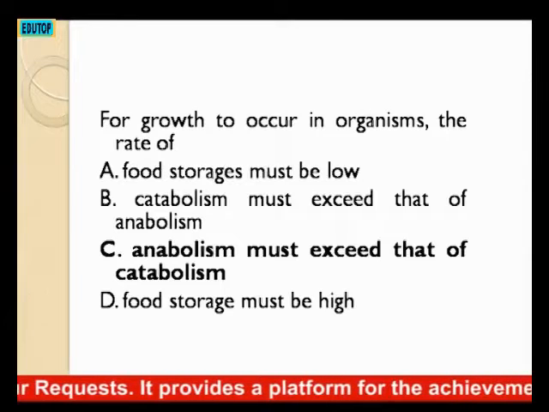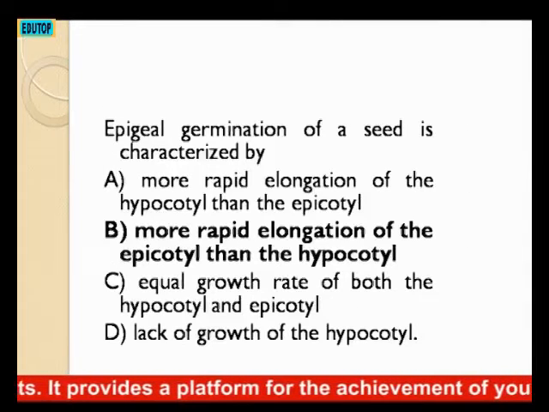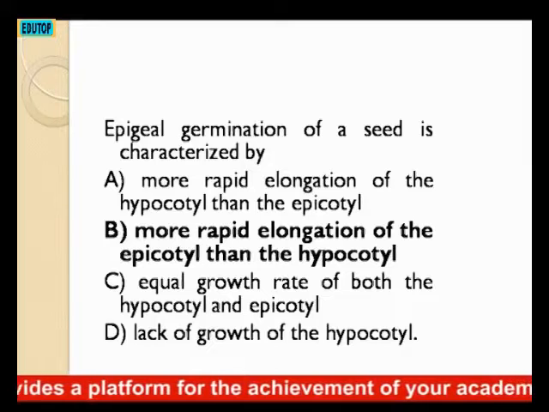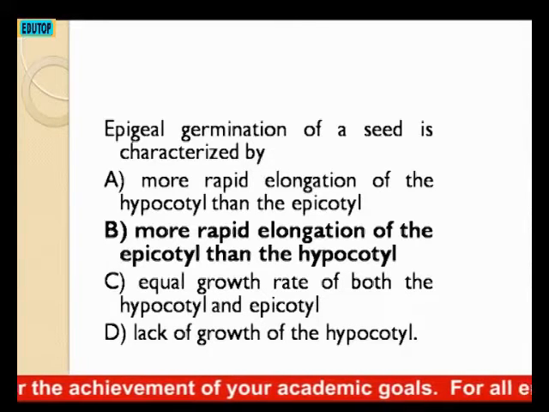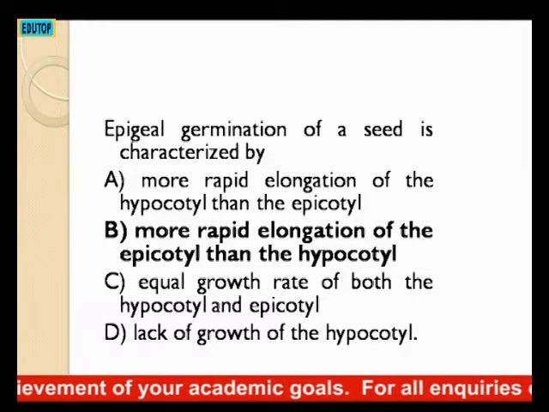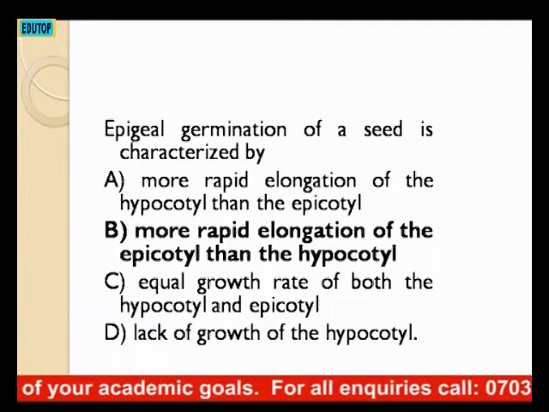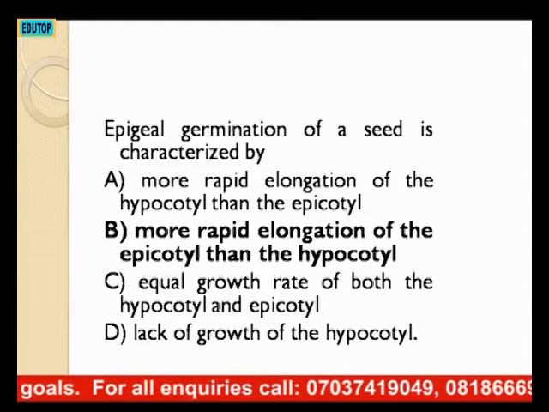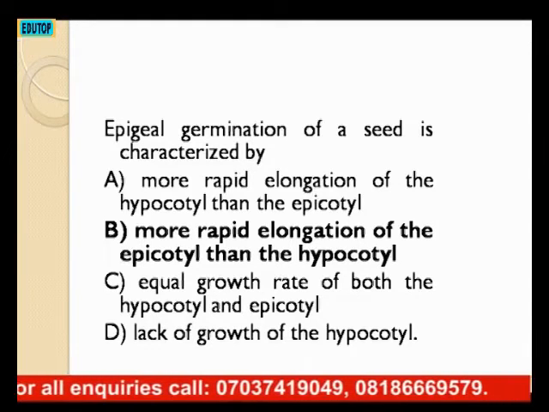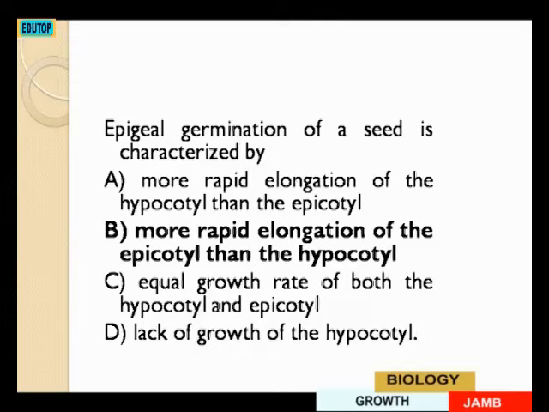The next question says, epigeal germination of a seed is characterized by A, more rapid elongation of the hypocotyl than the epicotyl. B, more rapid elongation of the epicotyl than the hypocotyl. C, equal growth rates of both the hypocotyl and epicotyl. D, lack of growth of the hypocotyl.